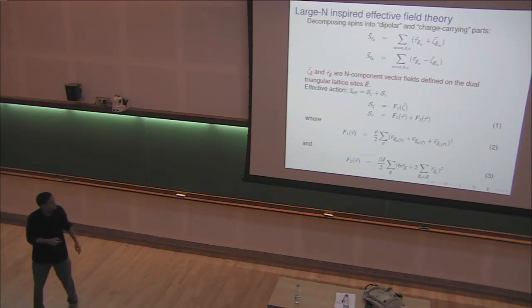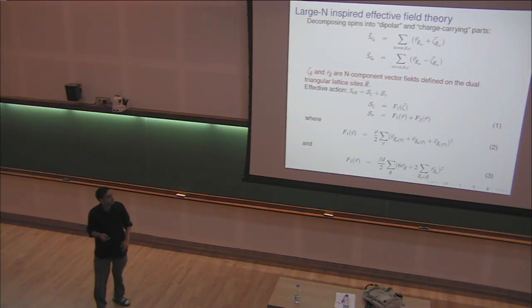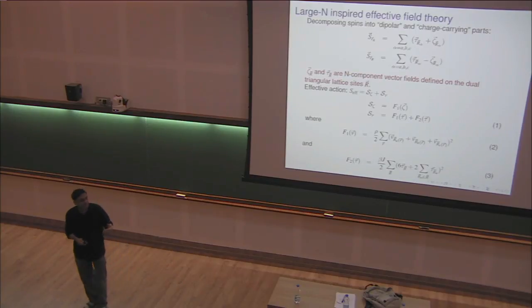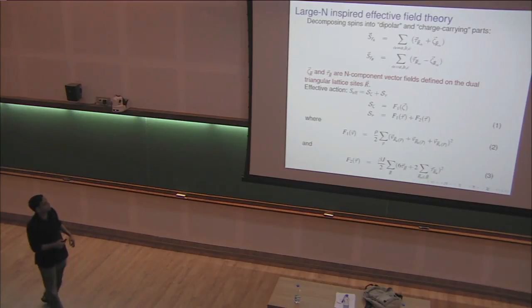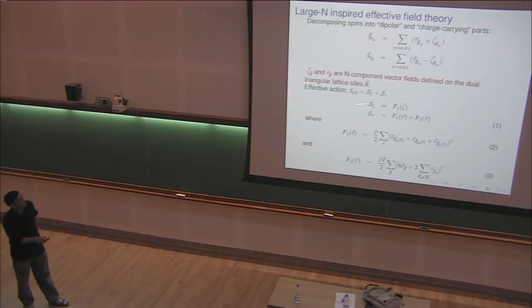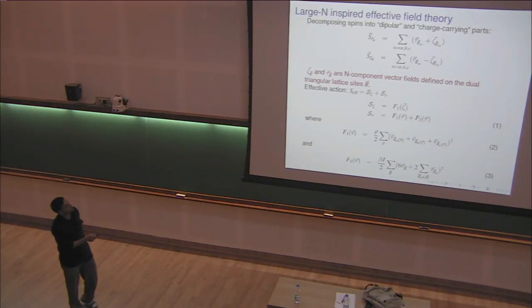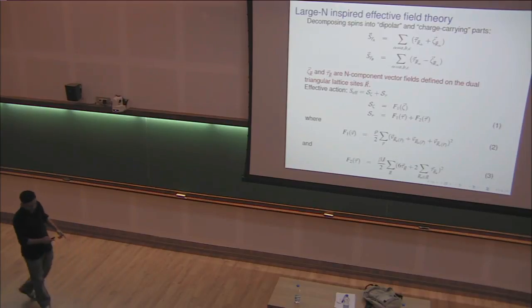Okay. And now the effective action that you get if you think in a large-N way, which is what I did in my second lecture in school, for example, is very easy to write down. It decomposes into 2 terms, one that depends purely on zeta, one that depends purely on tau. The reason there's no coupling between them is that one of these is chosen to be purely dipolar and the other is chosen to be purely charge carrying, so they don't mix.